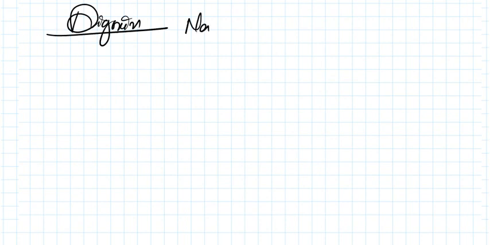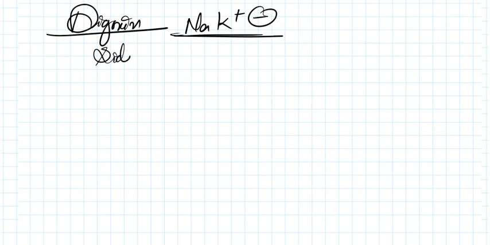Now next topic we will go on with further continuation. We will read about digoxin. Digoxin is a sodium potassium pump inhibitor. Okay, so digoxin side effects.